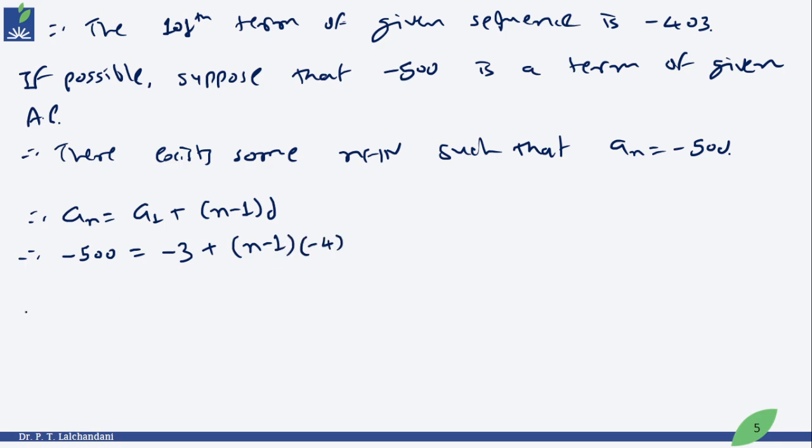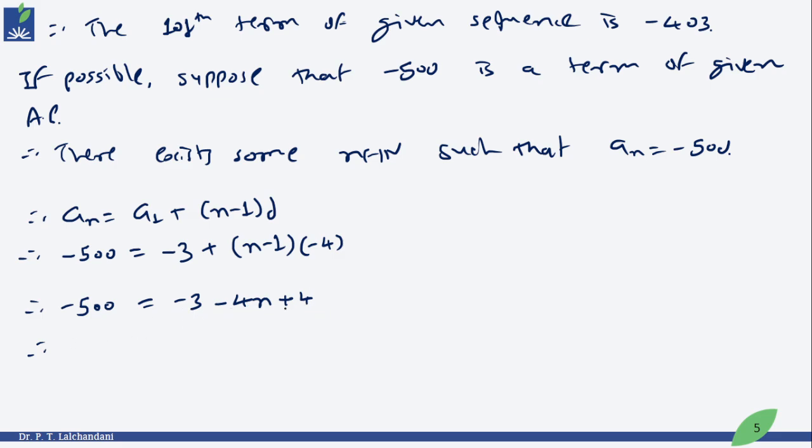Let us simplify. Minus 500 is equal to minus 3 minus 4n, and minus minus becomes plus 4, right? So minus 3 plus 4 is plus 1, right?